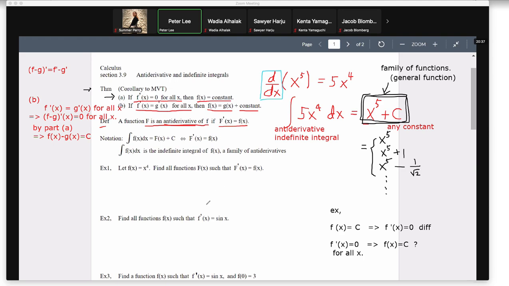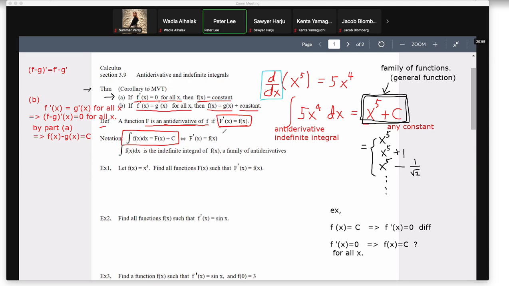That's how you write it. And the other way of writing it, of course, is writing it this way, and we actually mean the same thing.